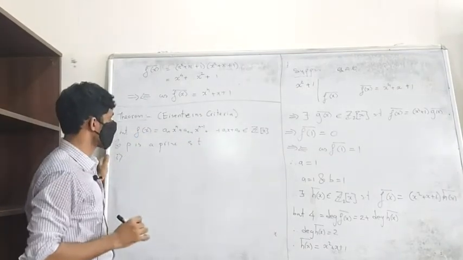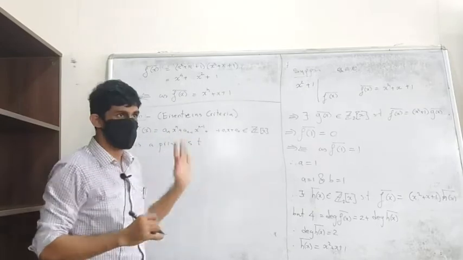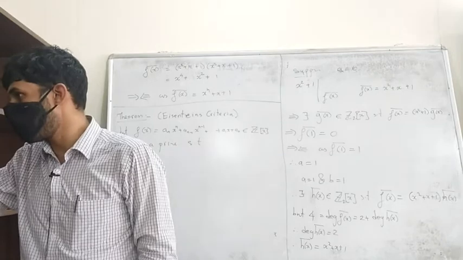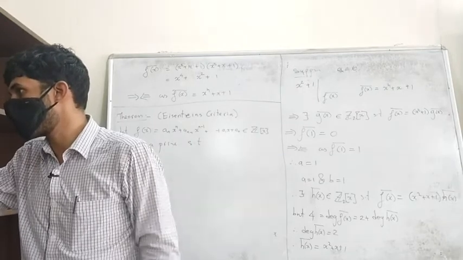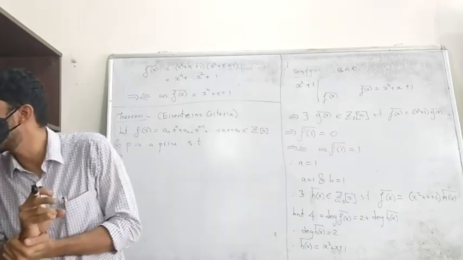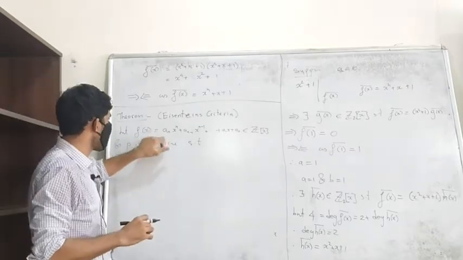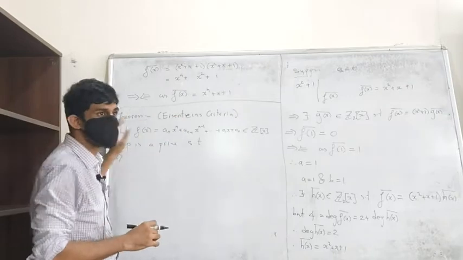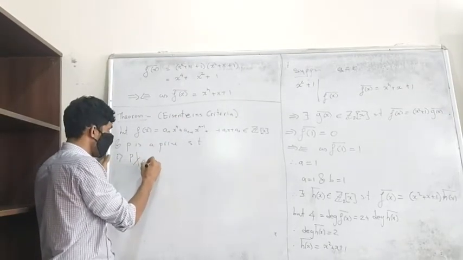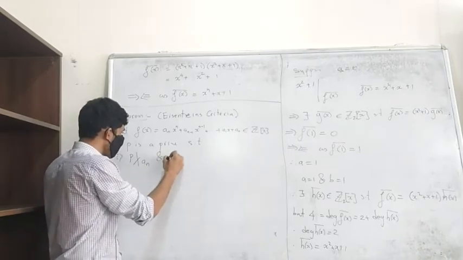See, these coefficients come from Z. I want to talk about irreducibility over Q. One is, firstly, p does not divide the highest degree coefficient a n, but p divides everything else.